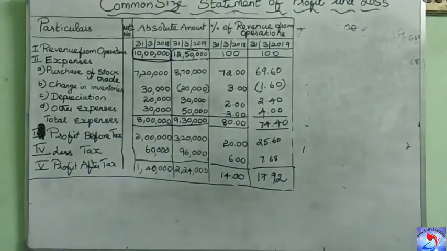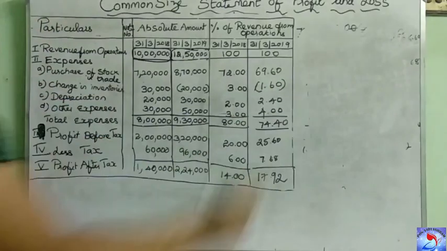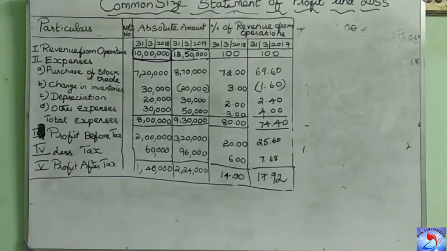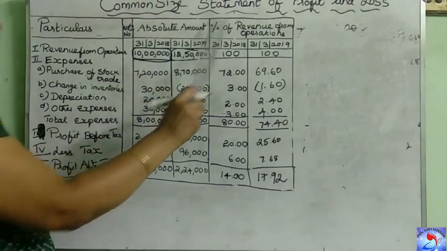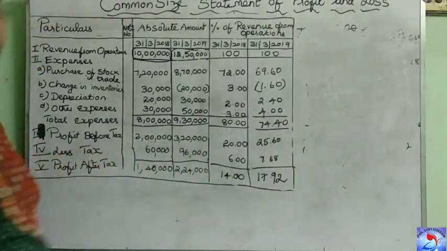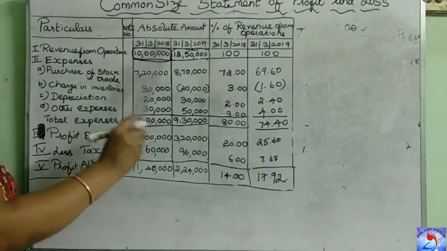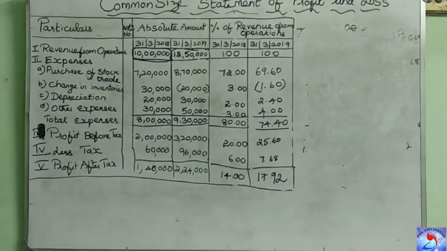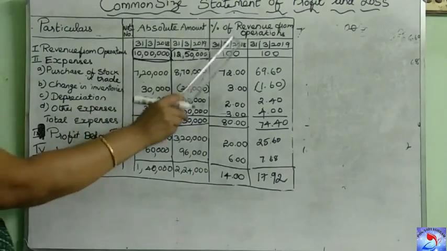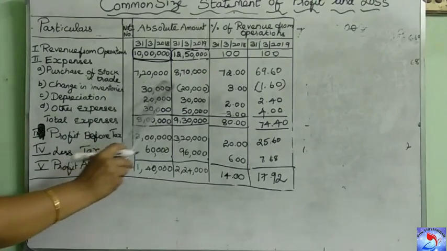Yes. Children, now I think you would have understood the common size statement of profit and loss account. In common size statement of profit and loss also, you have the absolute change, and here it is percentage of revenue from operations. Always take revenue from operations as the base amount, that is 100. For 2018, you take the absolute amount.